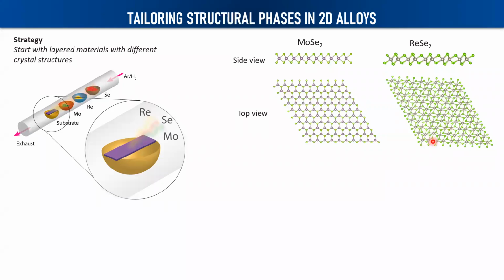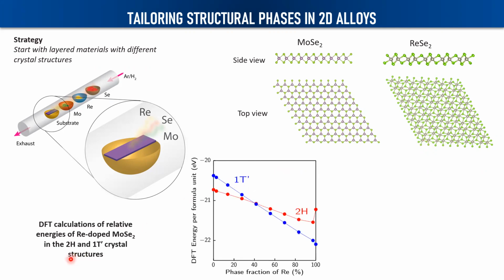Okay. And the question is, if you alloy these two, whether we can have a phase transition from 2H to 1T prime. So the DFT calculations which we had done actually showed that above 40% alloying of rhenium in MoSe2, you can actually see that there is a phase transition.